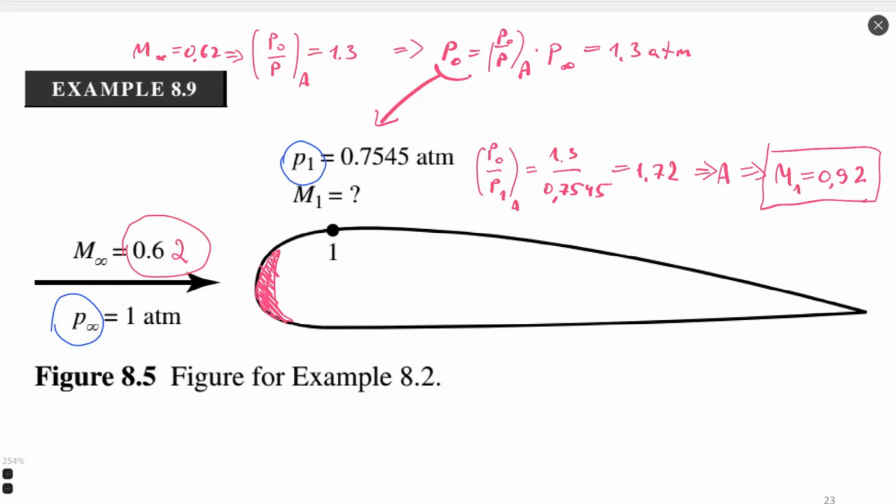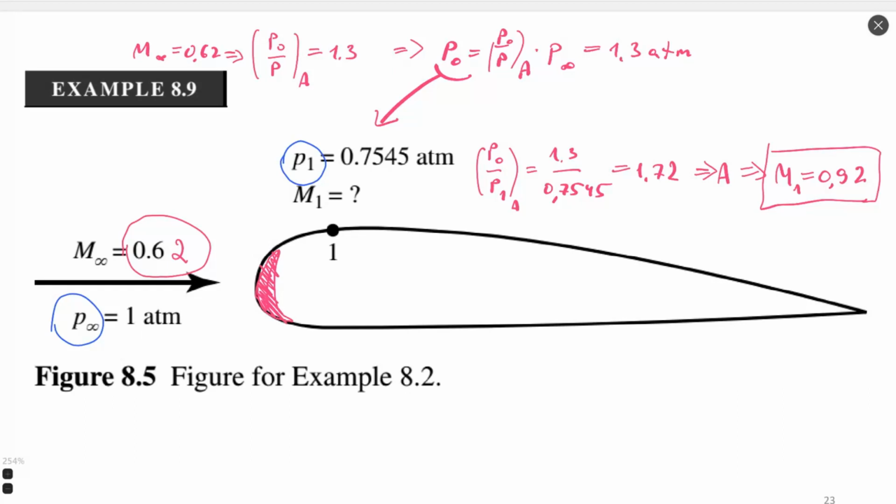We cannot switch to another thermodynamic parameter if we do not have it as our initial data, or do not have a way to calculate this initial parameter. For example, if I try to define the temperature at point 1, I cannot do it with the data I have right here.